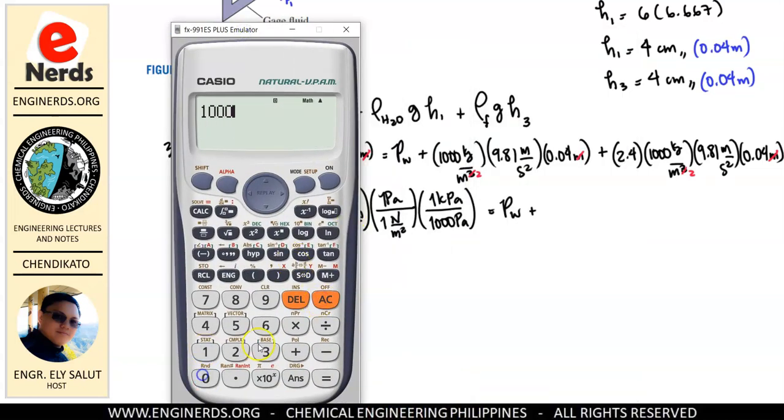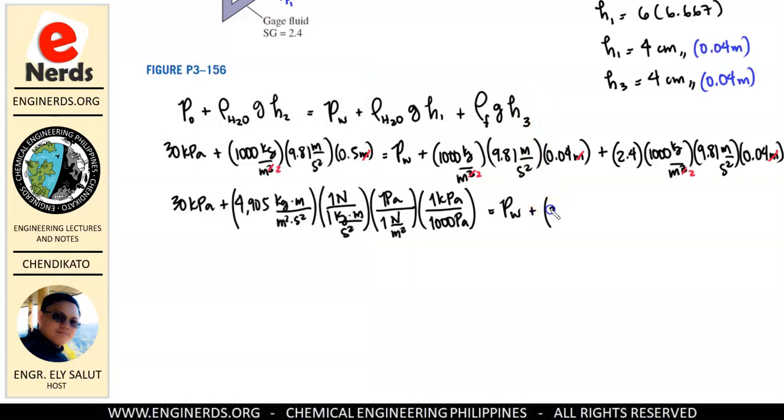1000 times 9.81 times 0.04, which is 392.4. Then our unit is kilogram meter per meter squared second squared. So ganun din, kung convert din natin, ano.